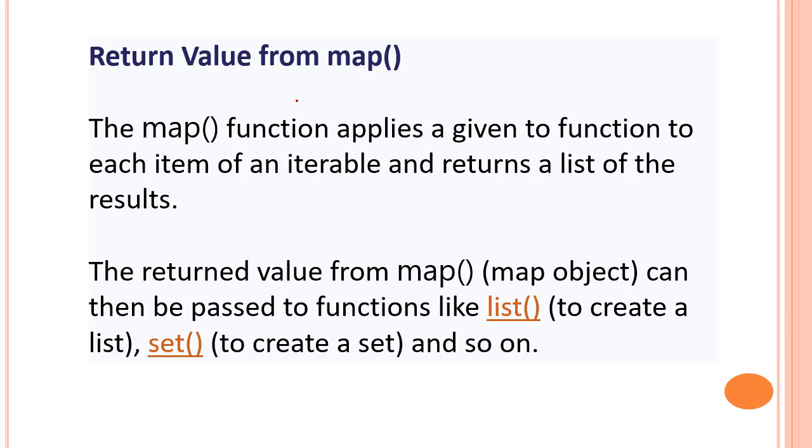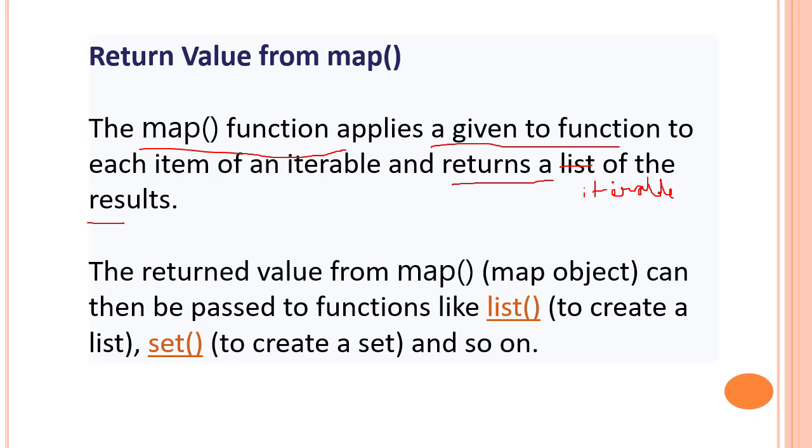Now, what is the return value from a map? As I've told you, the return value will be a new iterable. The map function applies a given function to each item of an iterable and returns a list of the result. By the way, this is not exactly a list, but more of a new iterable, a map object.